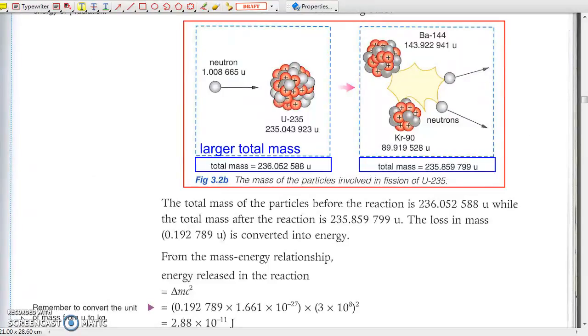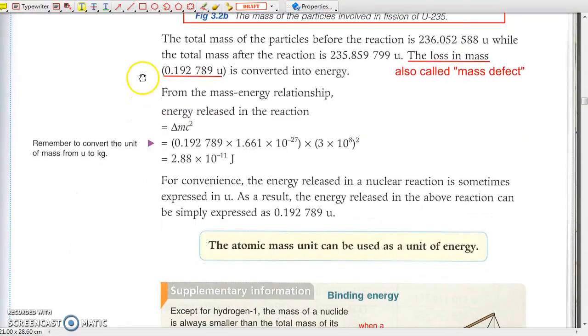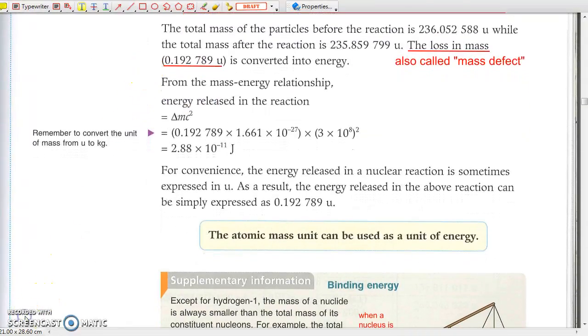The loss in mass is 0.192789 u, which is converted to energy as 2.88 times 10 to the power negative 11 joules, which is also equivalent to about 179 MeV.